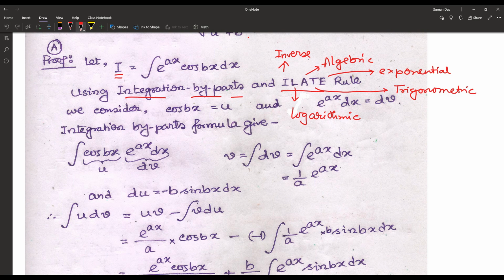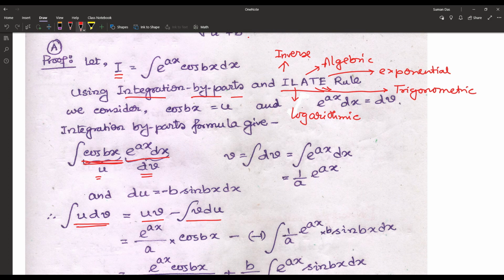So according to that, cos bx, that is a trigonometrical function, has higher priority than the exponential function. That's why we have chosen cos bx as u and e to the power ax dx as dv. As we all know, according to the by parts, integration of u dv is equal to u into v minus integration of v du.